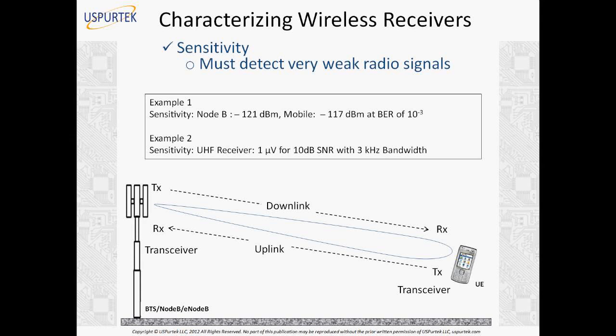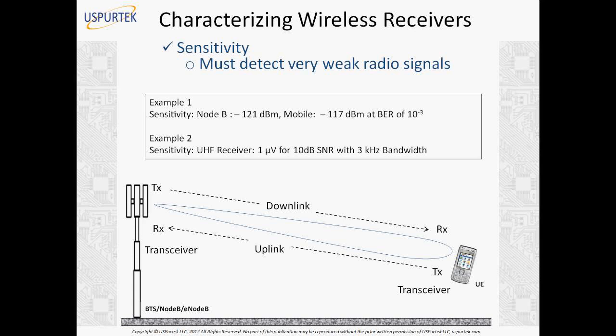Another example: instead of dBm, you could mention the sensitivity in microvolts. 1 microvolt is the weakest signal I can detect for a 10 dB signal to noise ratio with 3 kilohertz bandwidth. So it's always mentioned in conjunction with other parameters which are relevant for the receiver.